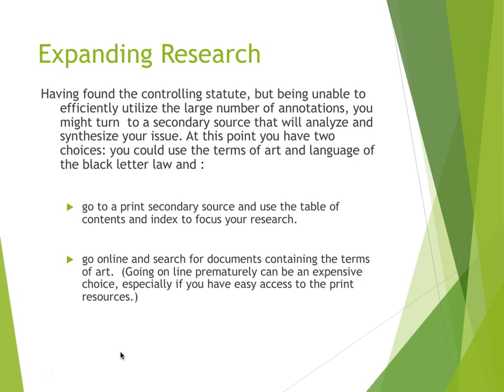You could use the terms of art and the language of the black letter law and go to a print secondary source and use the table of contents and index to focus your research. Or you can go online and search for documents containing the terms of art. Going online primarily can be an expensive choice, especially if you have easy access to print resources.